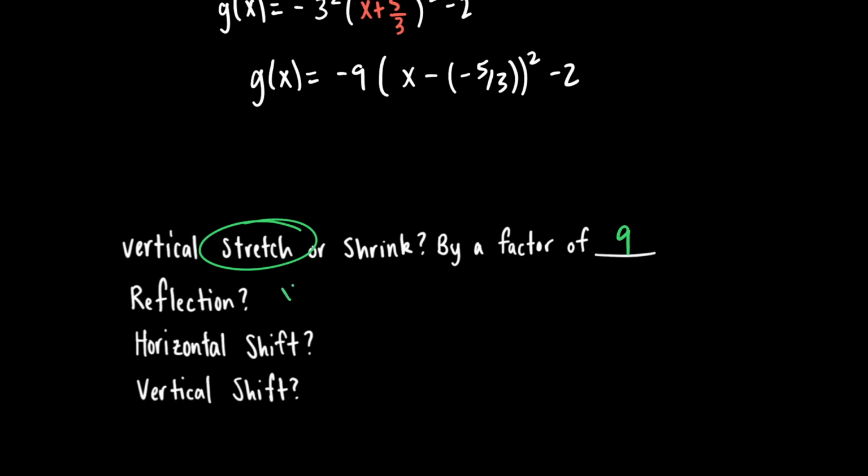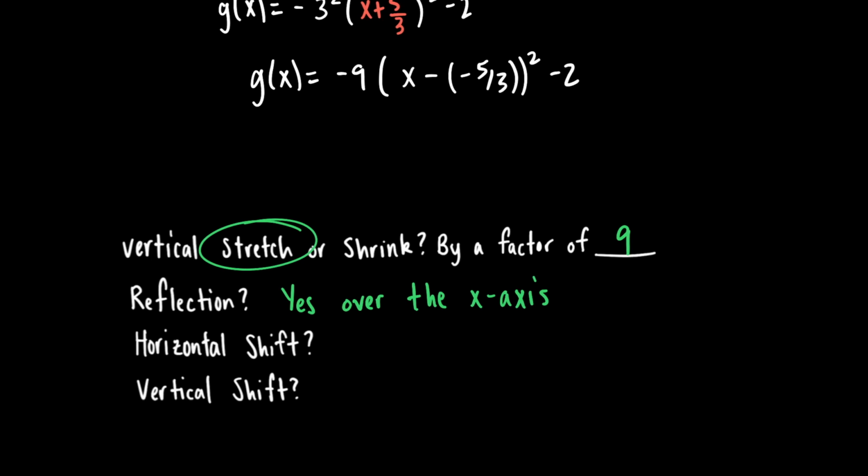We do have a reflection over the x-axis, and we know that because of the negative here. So that takes all the y values and negates them, and so what that does is it flips the entire function upside down. Is there a horizontal shift?